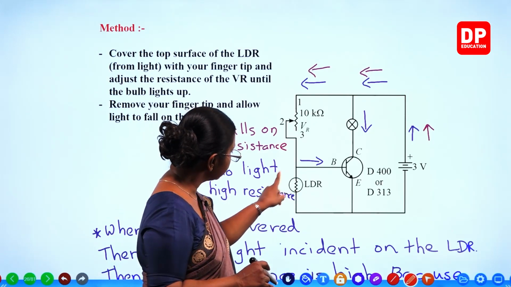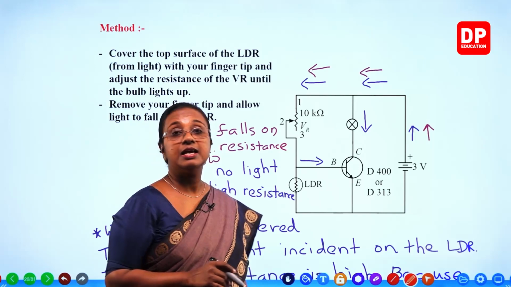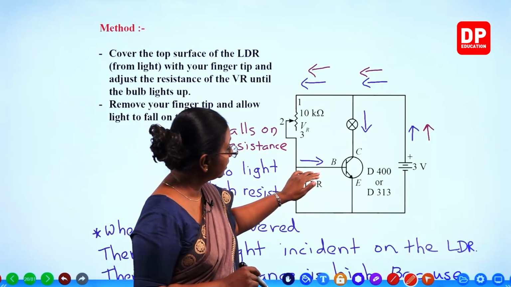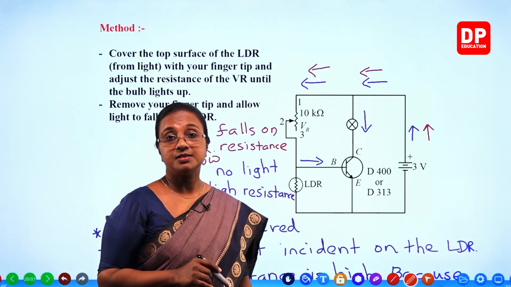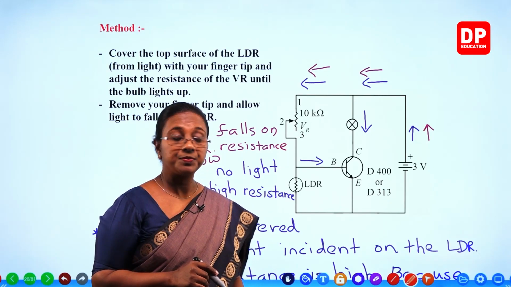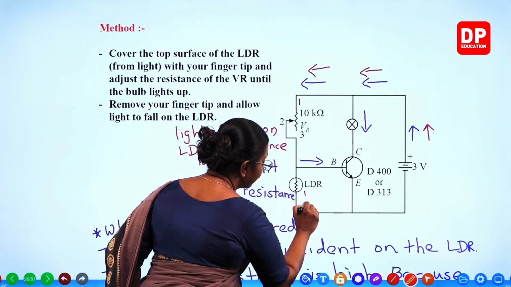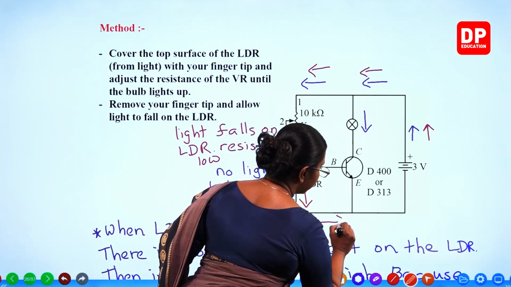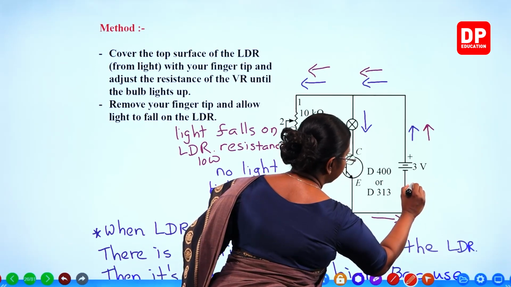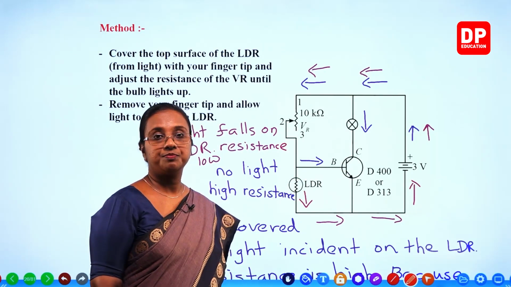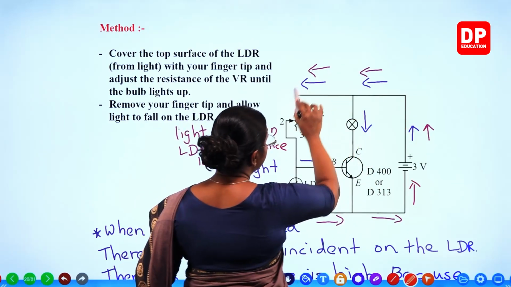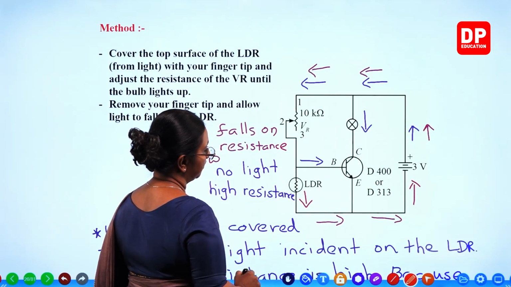But now the resistance of the LDR is less compared to the resistance of the transistor. So the current will flow through the LDR, then through the external circuit back to the battery. So there will be current flowing through the external circuit only.